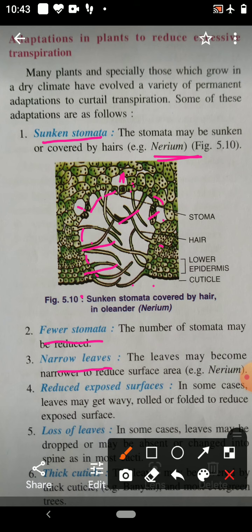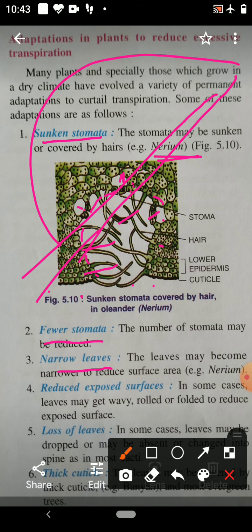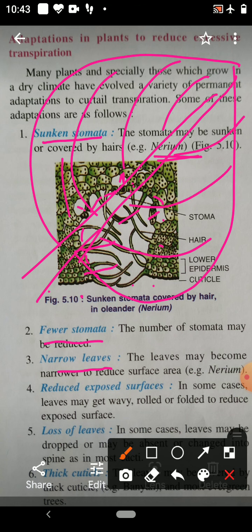Children, if the plants have broad leaves, see, this leaf is broad. This is the broad leaf of the plant. So from such types of leaves, there is more transpiration.